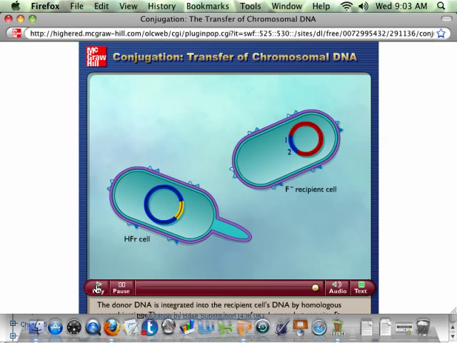But in the case of the conjugation of the F plasmid, it doesn't transfer any of the chromosomal DNA, so there won't be any homologous recombination events occurring. Only in the case of the high frequency recombination is there the potential for transfer of chromosomal genes, those essential genes, from one bacterium to the next.